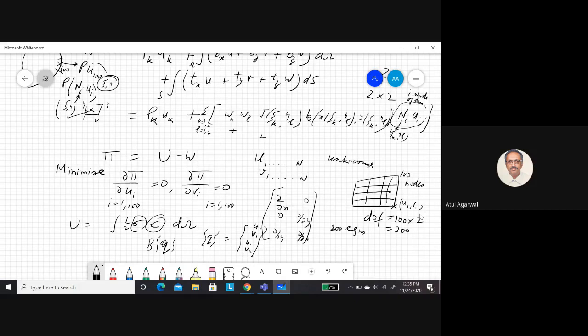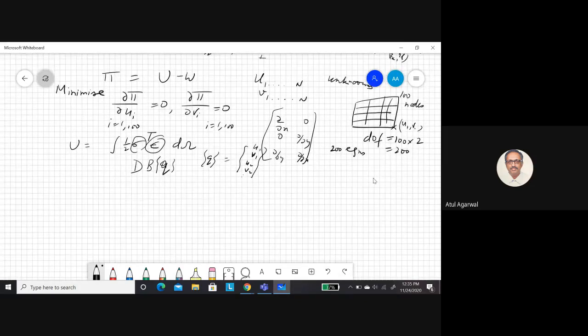And how do you get stress? You multiply by D. So this is your stress, total thing. And this multiplication you can write as sigma transpose epsilon. This is like a dot product. So how do you write your stress?